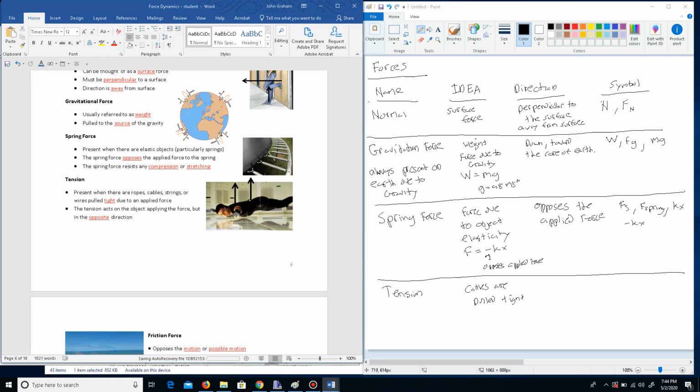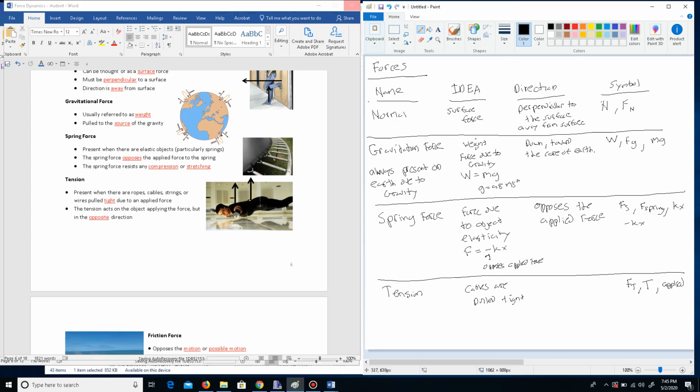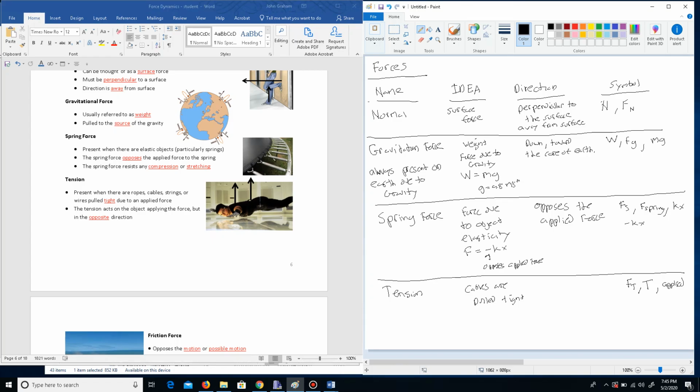So you may refer to this as FT or just T or even just an applied force. Because maybe you're using an applied force to apply a force, or you may be using a cable to apply a force onto an object, and so this may be more important than the fact that it's tension.